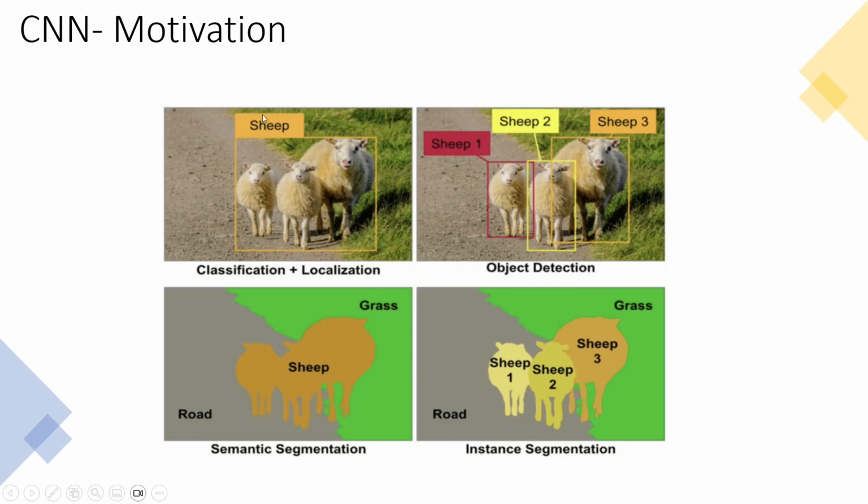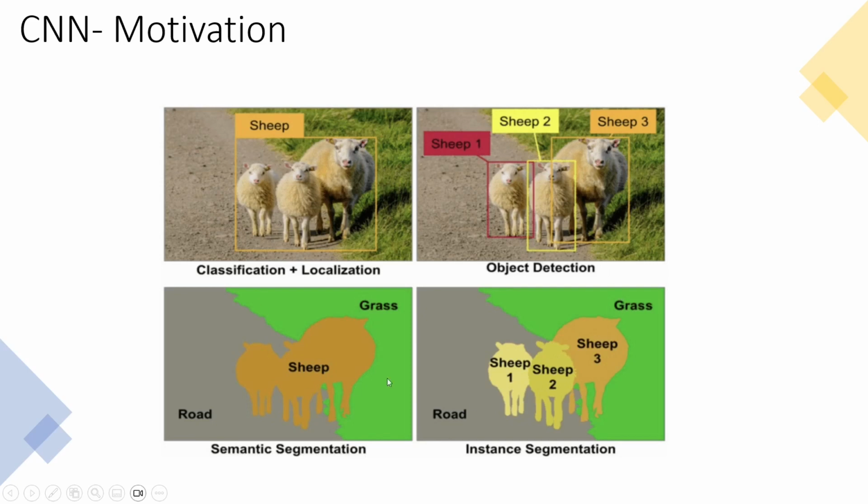It functions in the same way, so this is segmented as grass. This part of the image functions in the same way. That's a road, so it's segmented as a road. And these are all sheep. You don't need the individual sheep. These are all sheep, so this part of the image is segmented as sheep. This is the semantic segmentation problem.